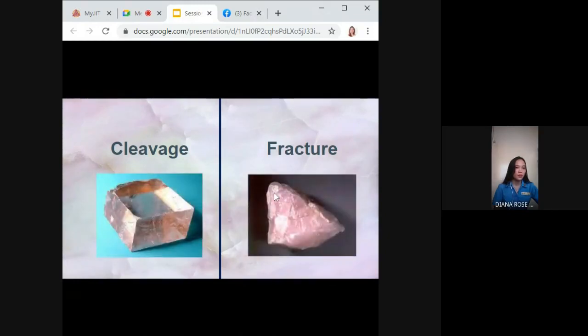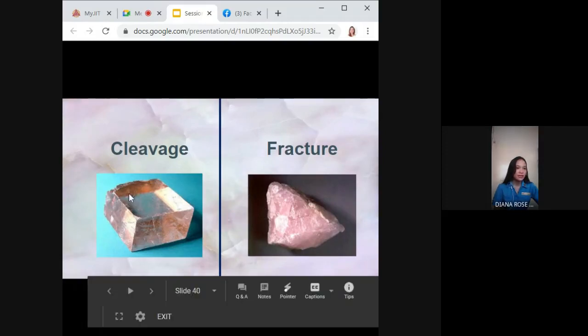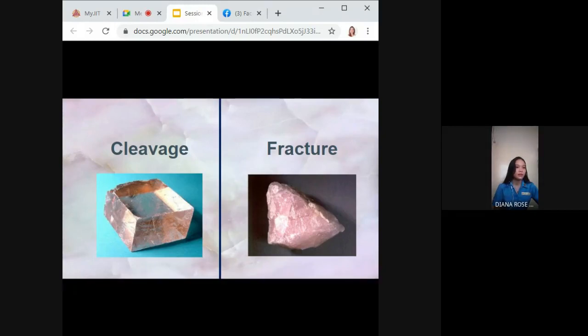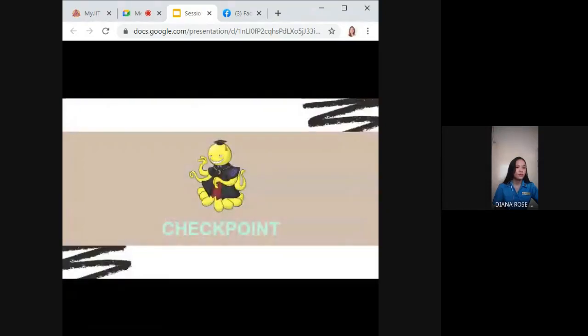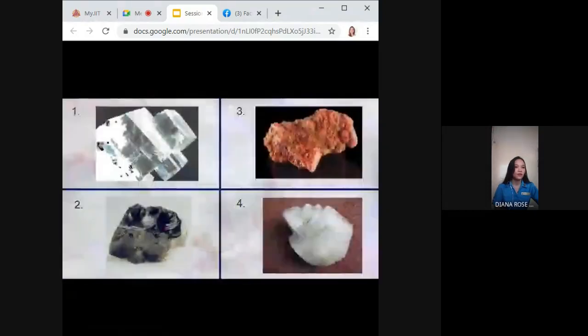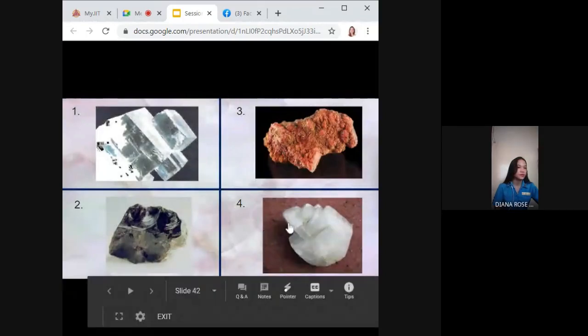So this is fracture, which breaks irregularly, and here the cleavage, which breaks along parallel planar flat surfaces. Again, this is cleavage, this is fracture and cleavage.